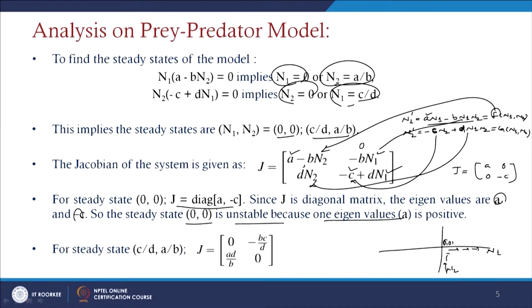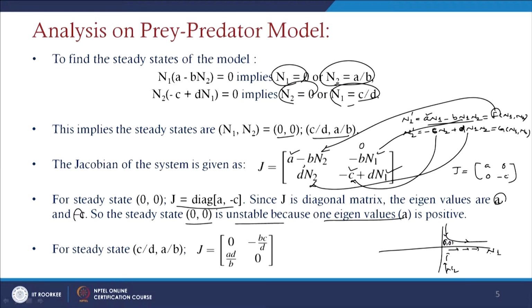So the phase diagram will come in this way and then go outwards combinedly. Since this is negative, it forces towards the 0 0 point, and since this is positive, it takes away from these points.